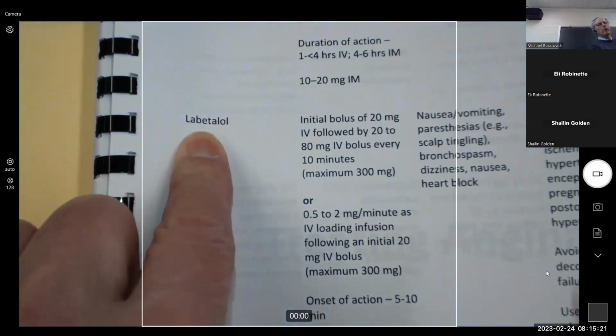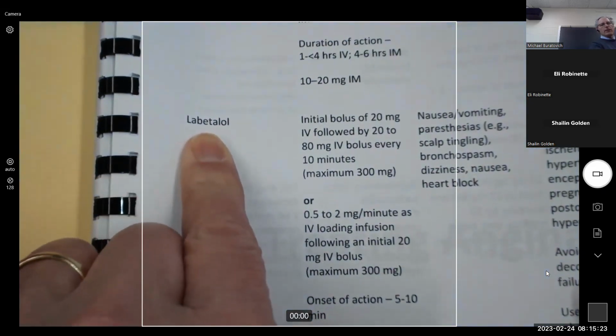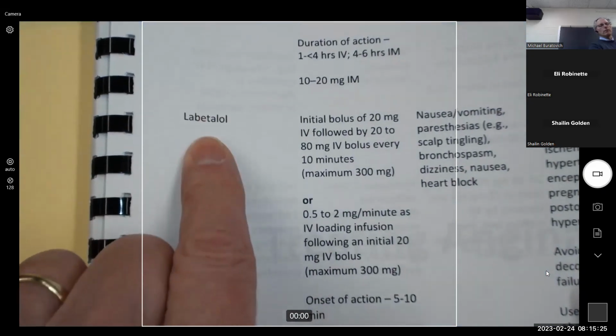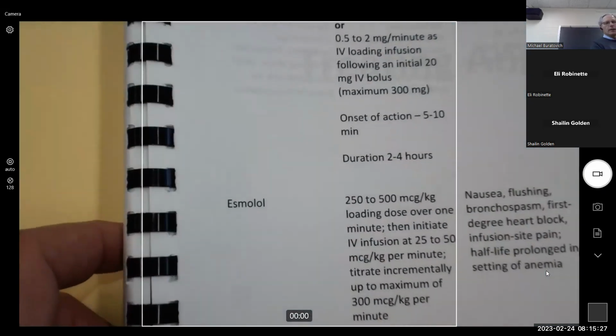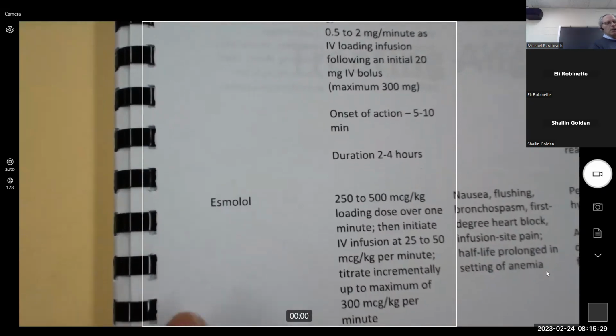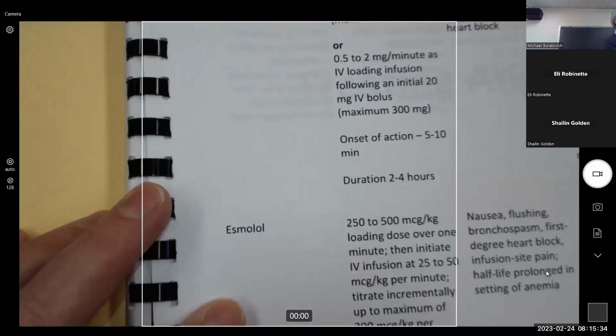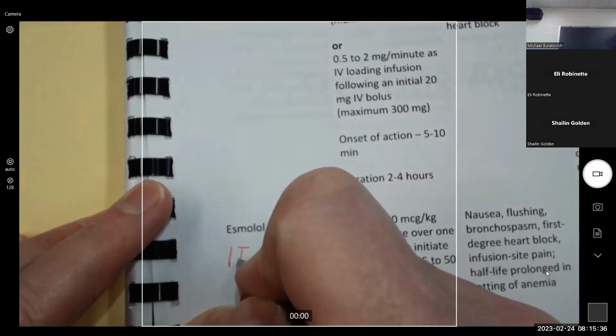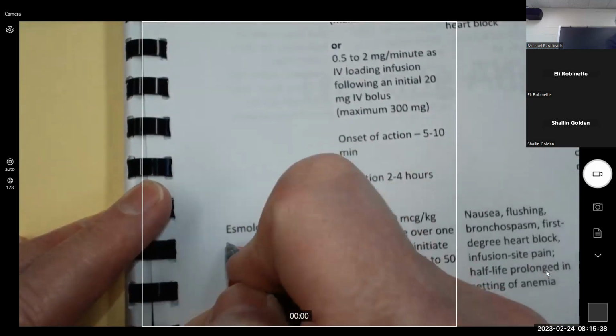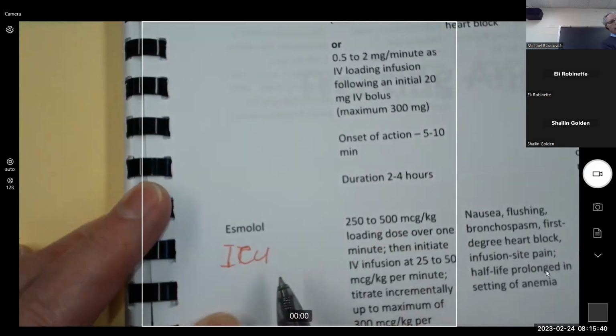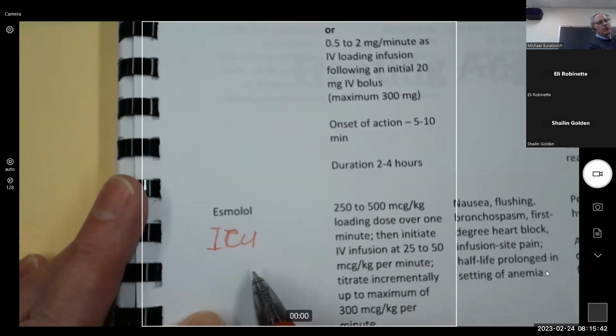Labetalol is a beta blocker. If it's given intravenously, it's usually used for emergencies. Same thing with esmolol. Esmolol gets used pretty routinely in the ICU. The reason it's used in the ICU is that it works very fast and it has a short half-life.